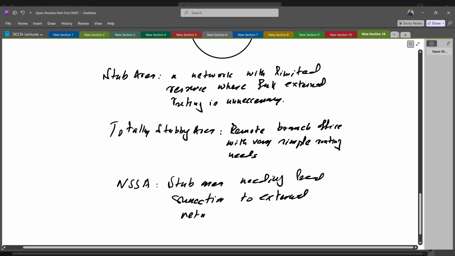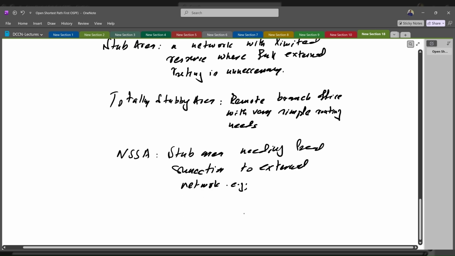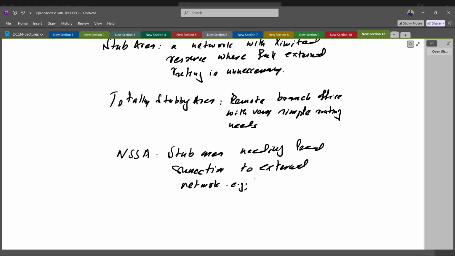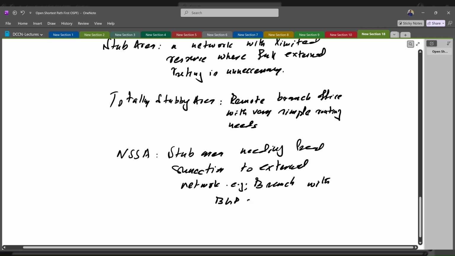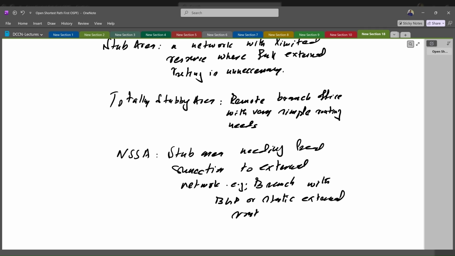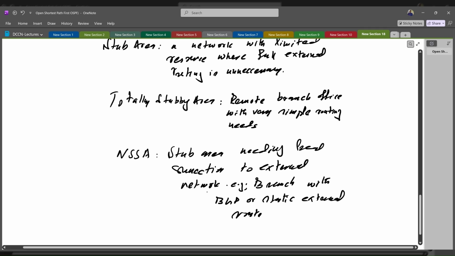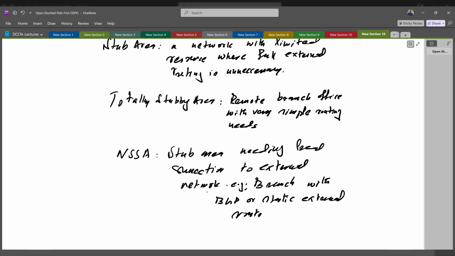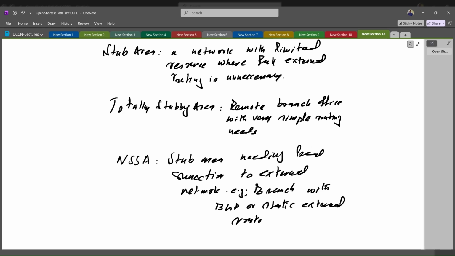For example, a branch with border gateway protocol or a static external route. So if there is a branch, or a stub area, with access to the external route, then for that we need to allow the external summary, right? In stub it is not allowed, but in not so stubby area this is allowed in terms of type 7.